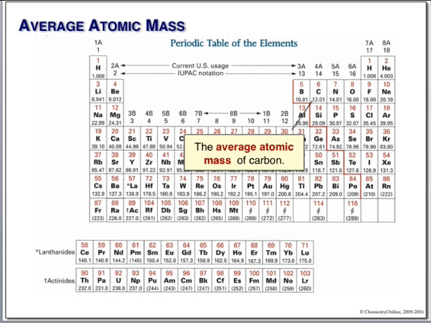Why would we do that with the formula? Because let's say we're going to do an experiment in lab, and you're going to weigh out carbon. You don't understand this concept yet, but you want to know the number of moles of carbon you have, which is the number of atoms of carbon.